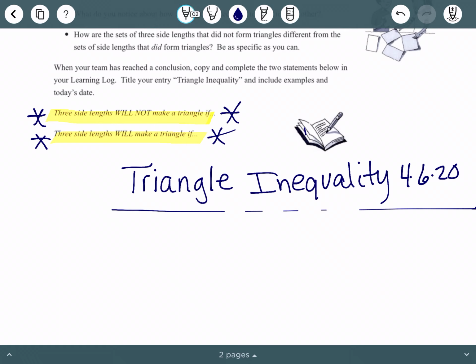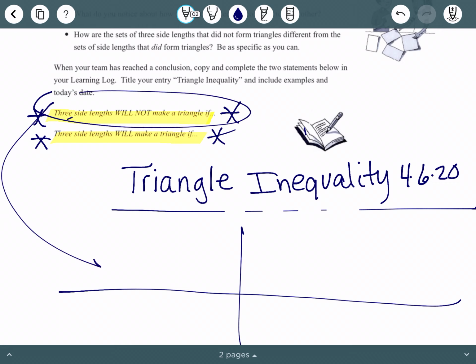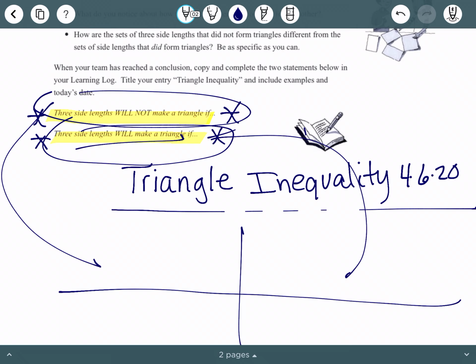Maybe you want to make a T chart and put one prompt here and one here. That's fine. Whatever you want to do, but you're going to have to write these down and explain when do we have a triangle and when do we not have a triangle based on the side lengths.